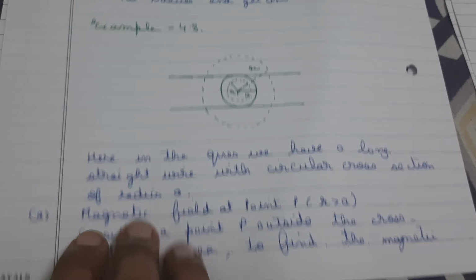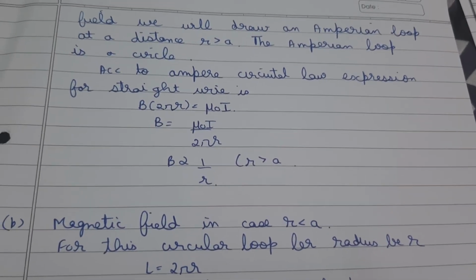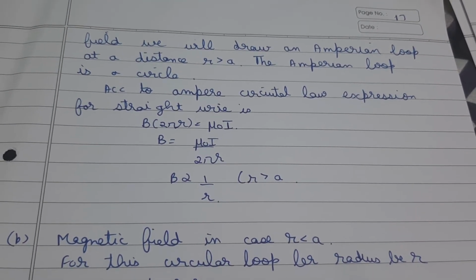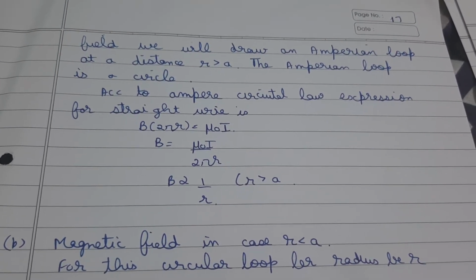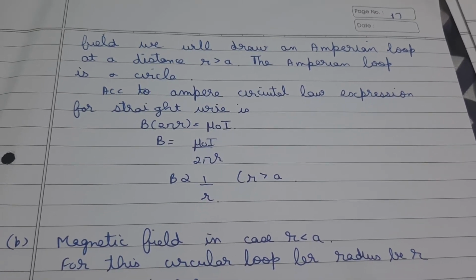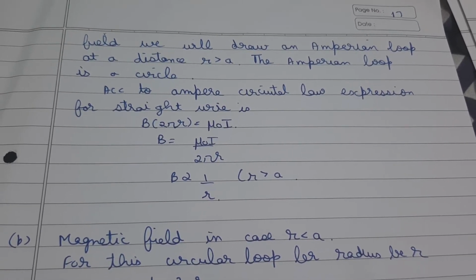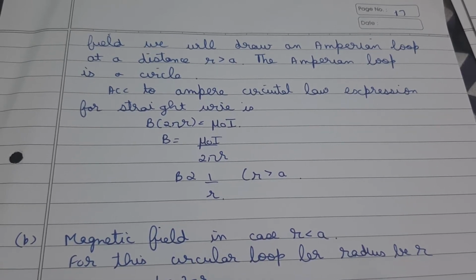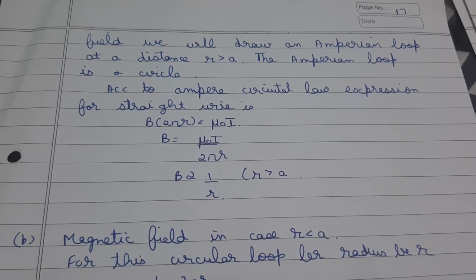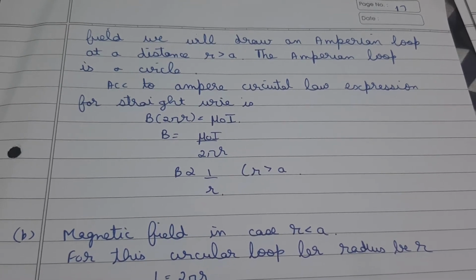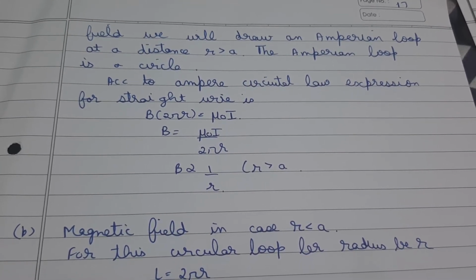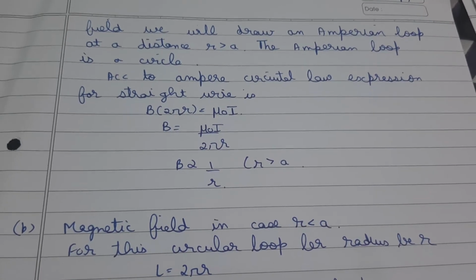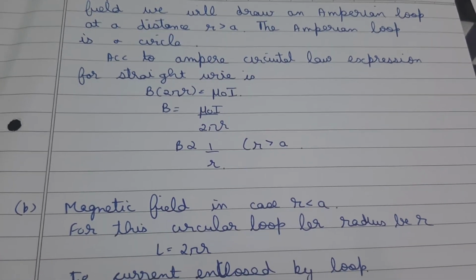Now to find the magnetic field at that point, we need to draw an Amperian loop at a distance r greater than a. Here the Amperian loop is a circle. Now according to Ampere's circuital law, for a straight wire, B into 2 pi r is equal to mu naught I. B is equal to mu naught I upon 2 pi r. So B is inversely proportional to r.